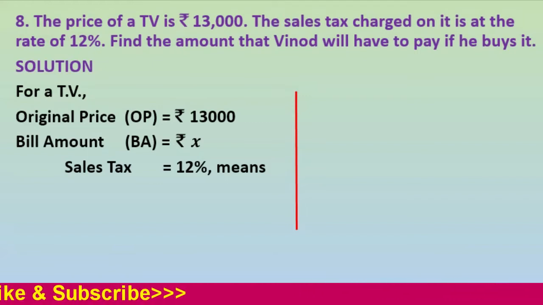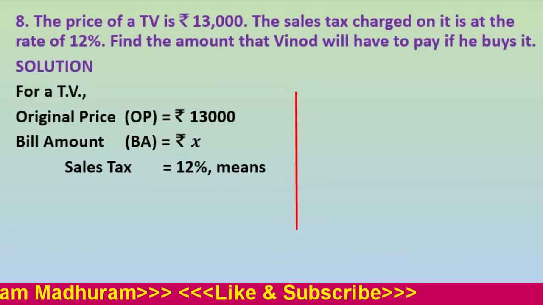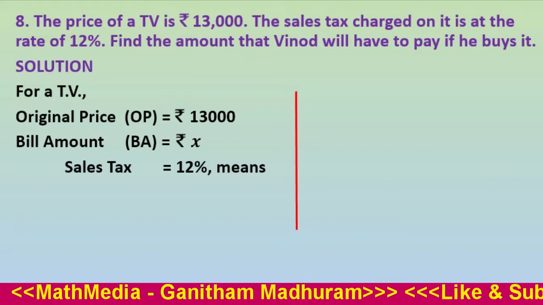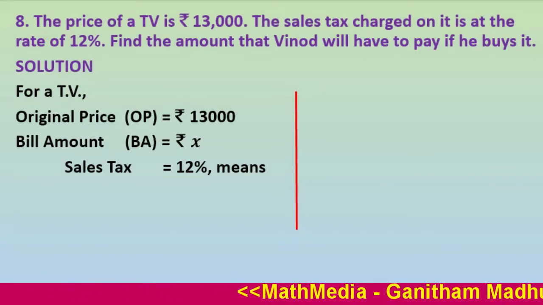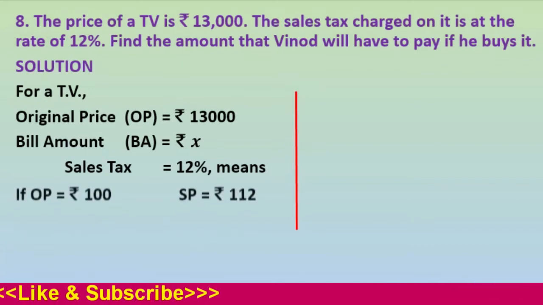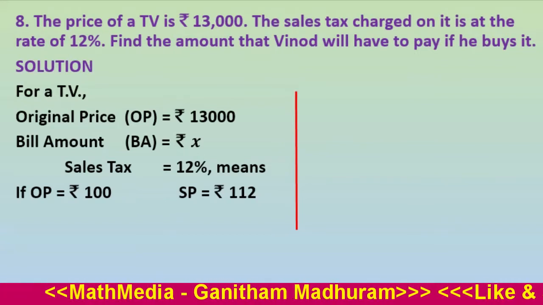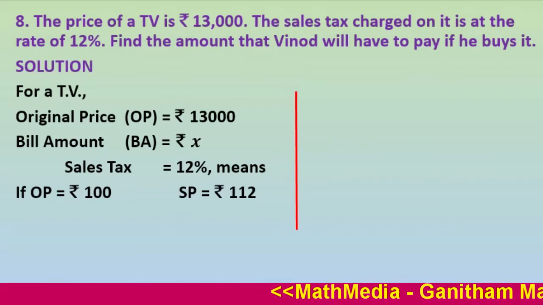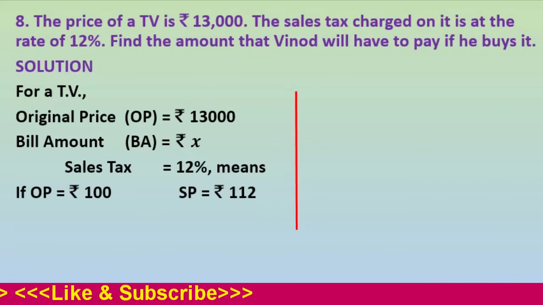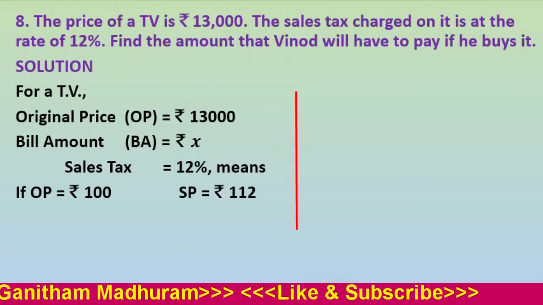It means for every 100 rupees of original price, the bill amount we have to pay will be 112. Is it clear? So we can write, if original price equal to rupees 100, then selling price or bill amount equal to rupees 112.